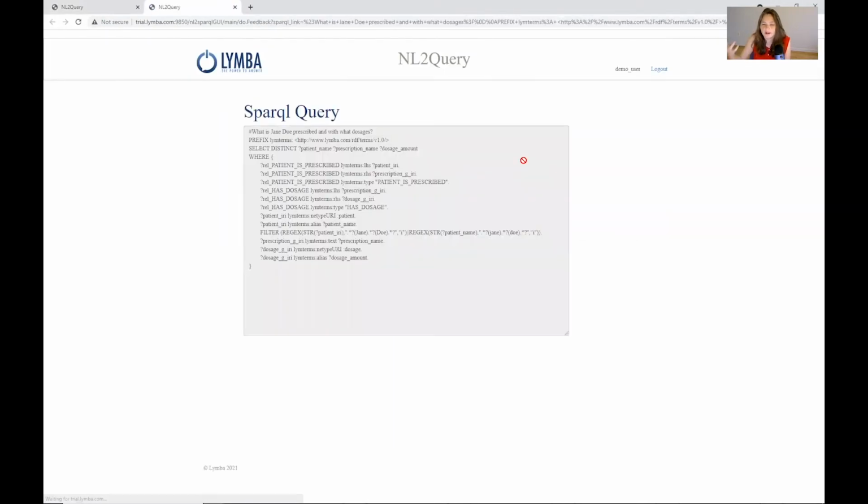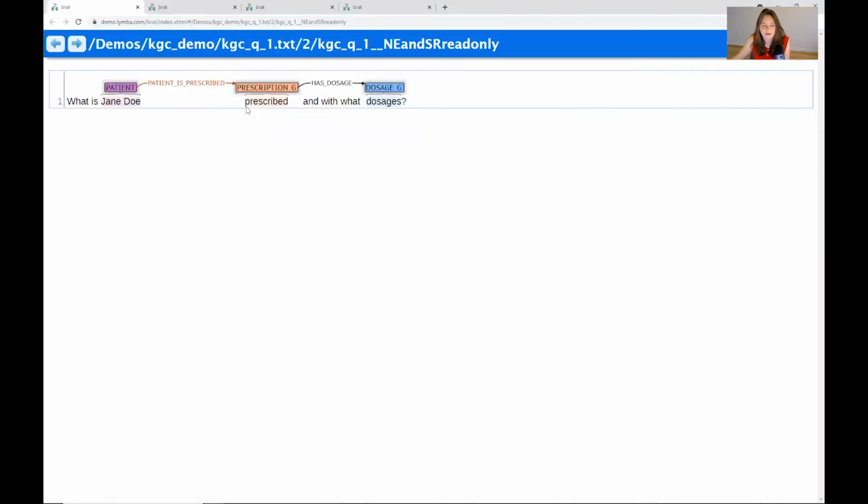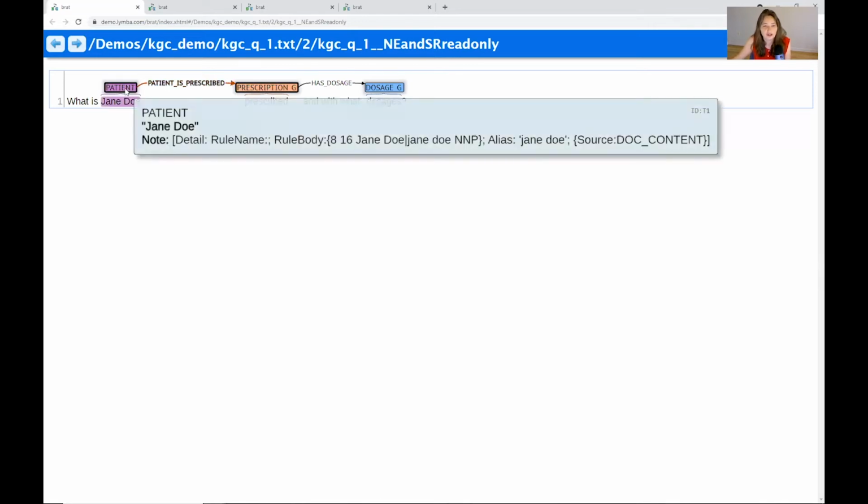The SPARQL query behind the scenes is going to be converting that question and then looking for the best answer in the graph. To take a look at that from an annotated perspective, again, it looks very much like our source documents once we've run them through the pipeline. We have our patient, Jane Doe.